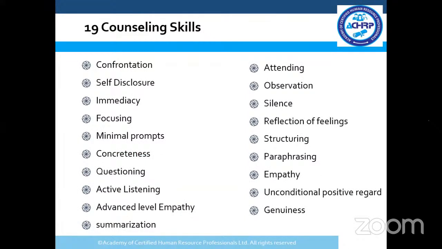Like one of the skills, active listening. Yes, Njoroge, it was shared. When we talk about these skills, we need to acquire them so that our communication can be very effective. I'll start with the attending skill. I told you they don't have any order, but I'm just going to pick them randomly.